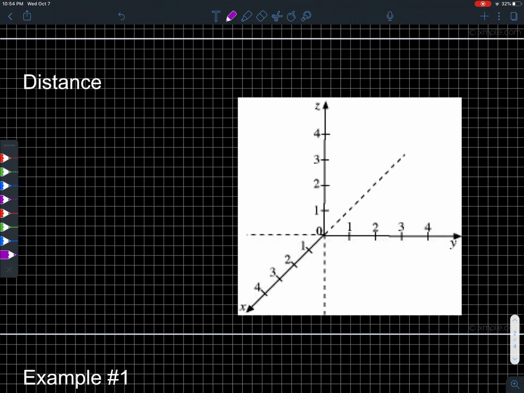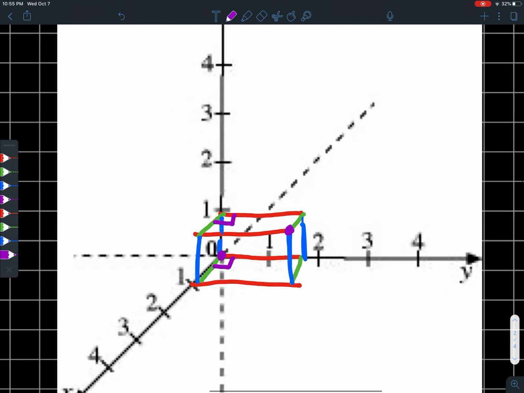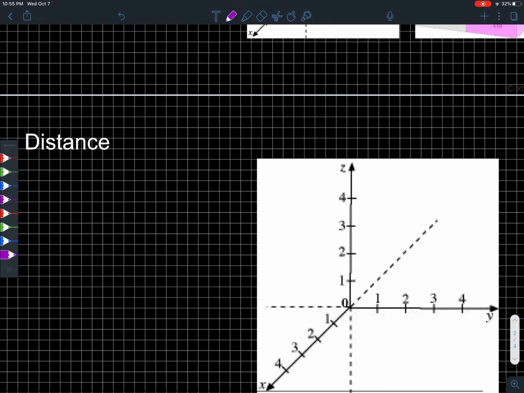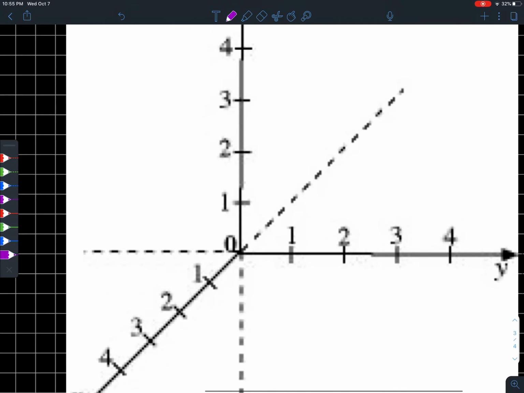Next, we want to talk about distance in 3 space. What's the distance of this little diagonal right here from corner to corner? We want to know how we can find the distance between any 2 points in 3 space. All right.